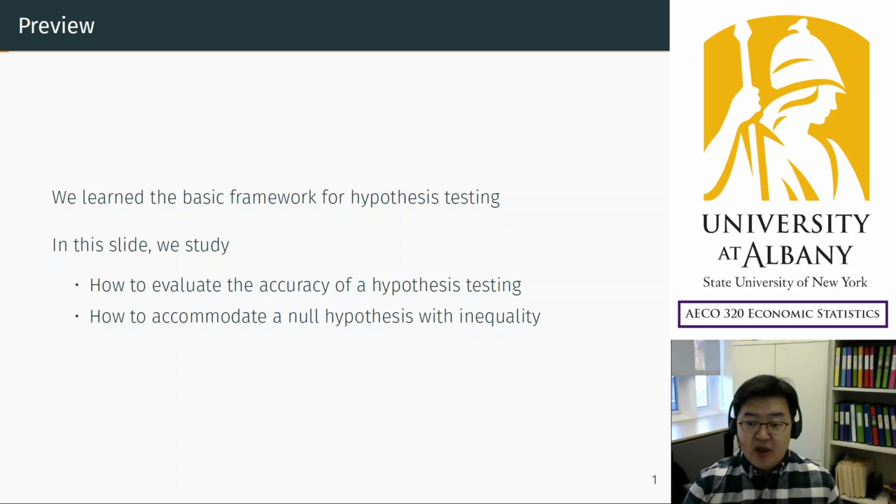For example, I believe the gas price is greater than $4. Then it's an inequality. It's not a big difference, but we need to modify the hypothesis testing we learned in the previous chapter to accommodate inequalities. But the idea is still the same. So let me start with the first topic now.